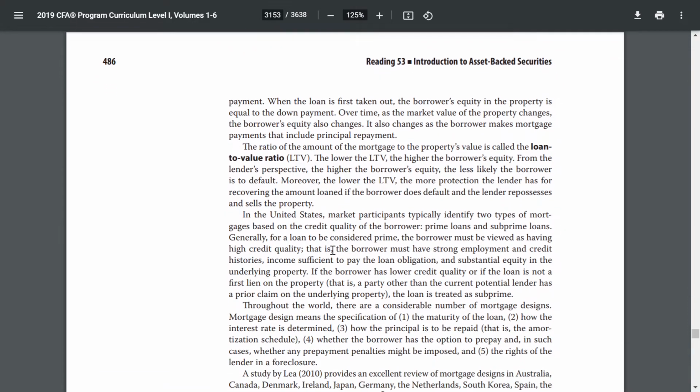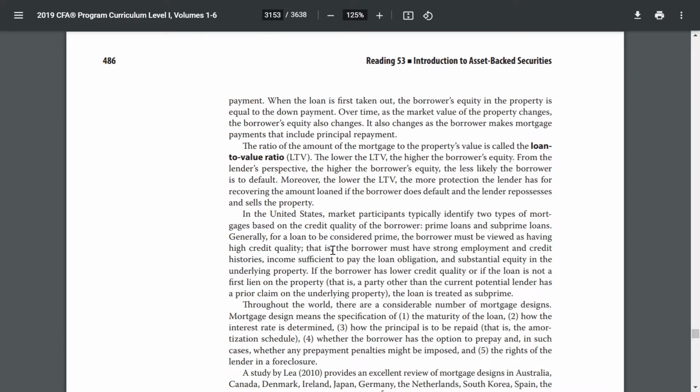When the loan is first taken out, the borrower's equity in the property is equal to the down payment. As the market value of the property changes, the borrower's equity also changes. It also changes as the borrower makes mortgage payments that include principal repayments.